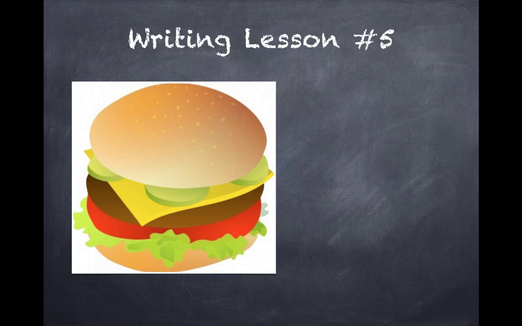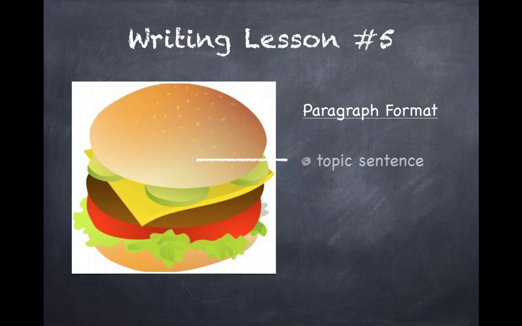So here's an illustration of our paragraph. We're thinking about our paragraph format. Let's break it down. Let's look at the top bun. Well, an easy way to remember the top bun is that it's going to be your topic sentence. That's what you're going to begin your paragraph with. Then in the middle of your cheeseburger, you're going to have your meat, your cheese, your vegetable, your condiments, maybe even some seasoning in there.